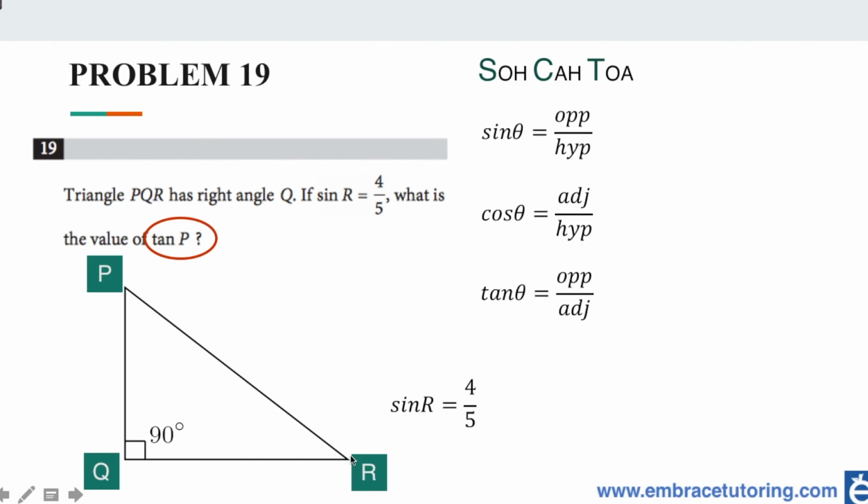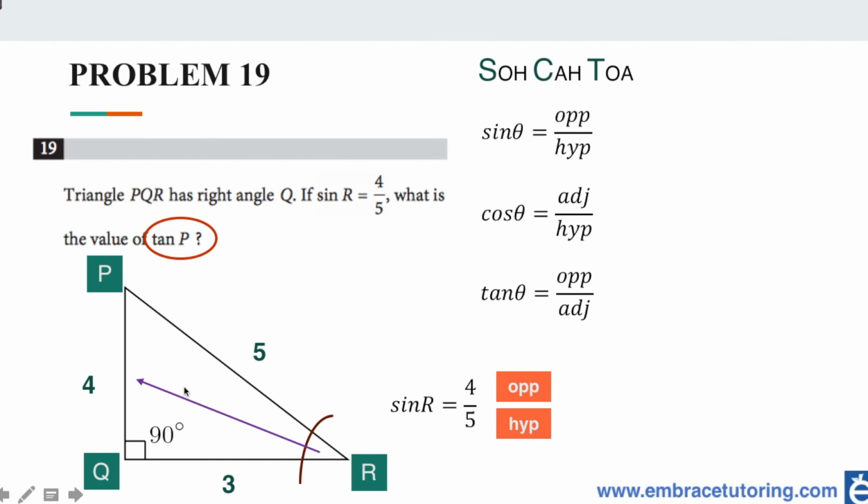So sine of R means that I'm referring to R as my reference angle, and 4 will be my opposite, which means the side across from angle R is going to be referred to as my opposite. So here's my 4.